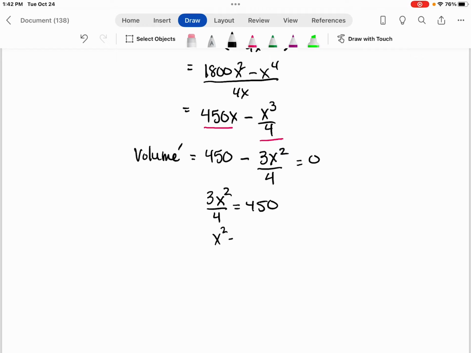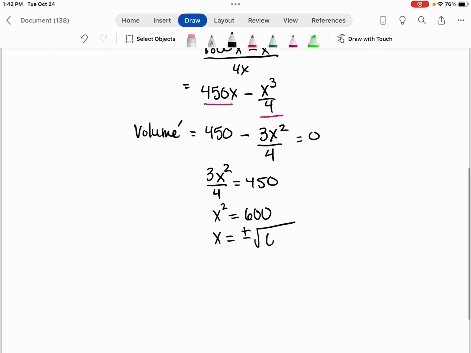So x is going to be plus or minus the square root of 600. And when you put that in decimal form, you get plus or minus 24.494897. I'm trying to keep as many decimals as I can so I don't have any rounding errors, and I'll just wait until the end if I want to round.